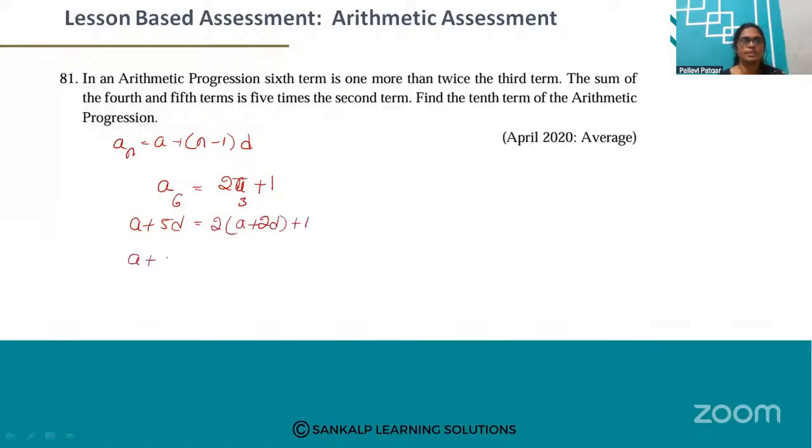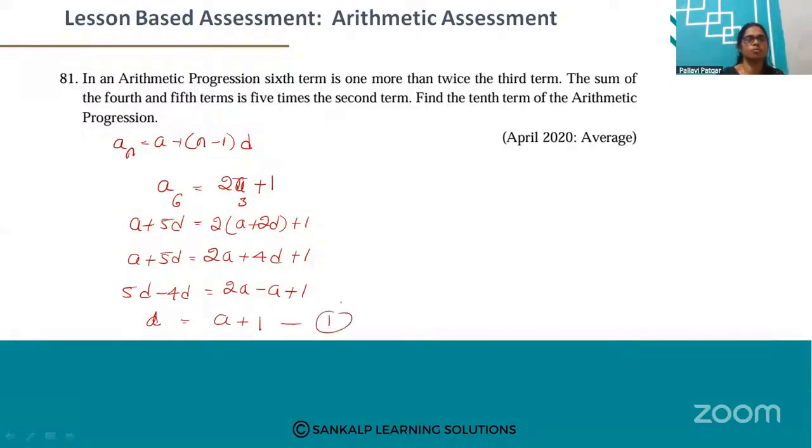So A plus 5D is equal to 2A plus 4D plus 1. So 5D minus 4D is D, equal to 2A minus A is A plus 1. Okay. So take this as equation number 1.